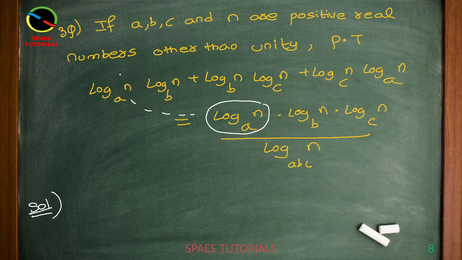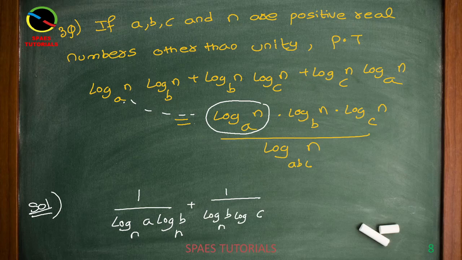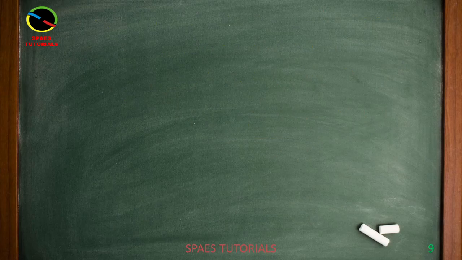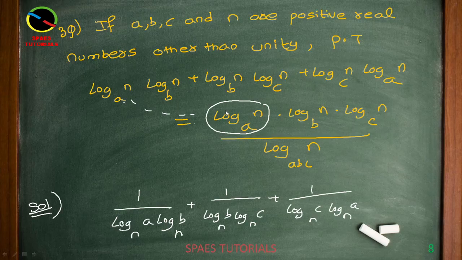Do one thing. Now we have log n base A. We can write it as 1 by log A base n into log B base n. Similarly, 1 by log B base n into log C base n. Similarly, 1 by log C base n into log A base n. Now what we need to do with this?